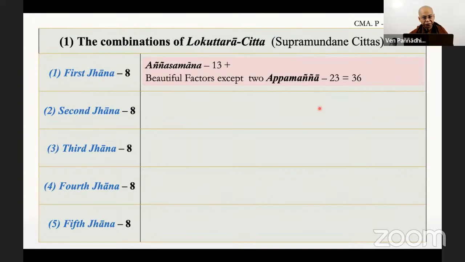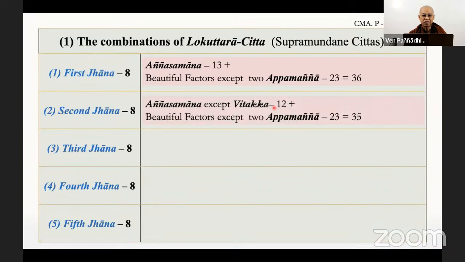Okay, so second jhana, how many? Can you guess? 35, because there's no vitakka. Of course, we already learned from the beginning, in chapter 1, that second jhana and vitakka are not associated.